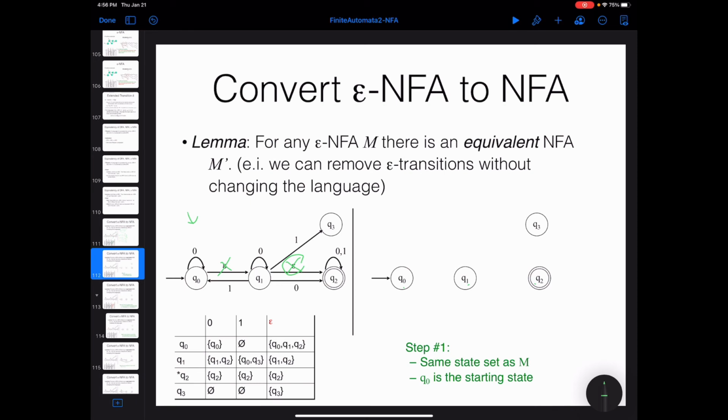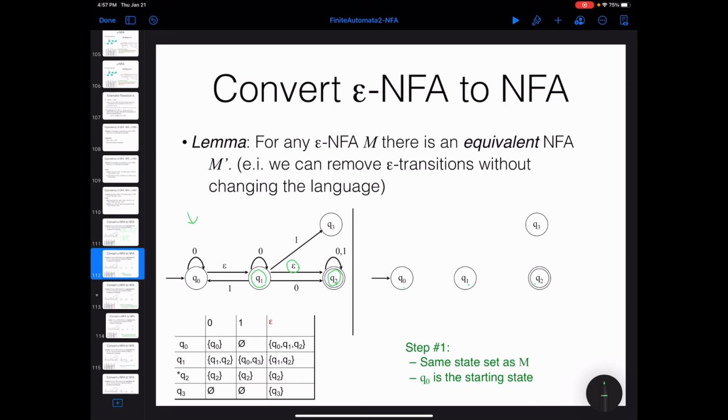In your epsilon NFA, if you have Q2 as your accepting state, it means that any string that ends up in Q2 is going to be accepted, right? But because of the epsilon transition, if a string ends up in Q1, this string is going to be accepted as well. Why? Because this epsilon transition is going to move it to Q2.